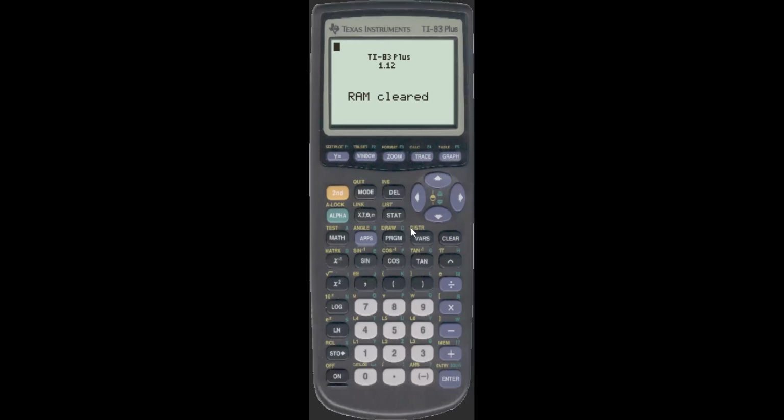It's either under stat or under distribution. This is a 1 proportion interval. So that was under stat, and then you go over to tests, and then A. Hit enter.